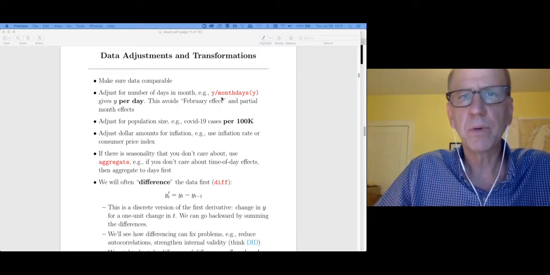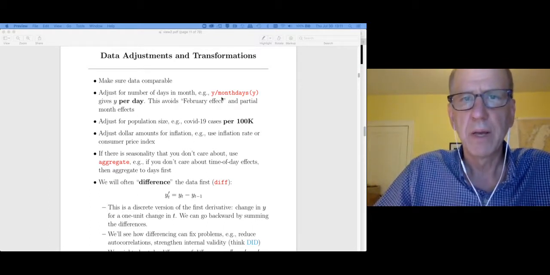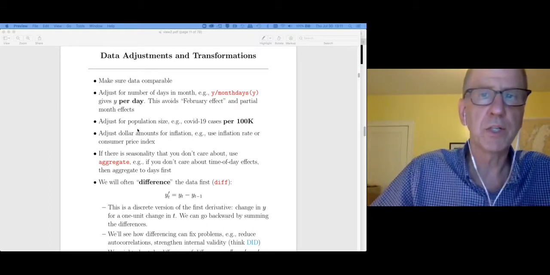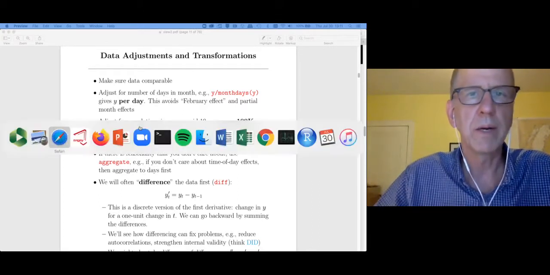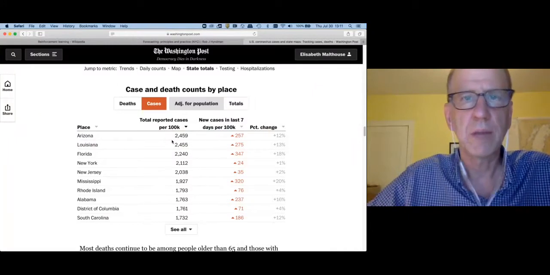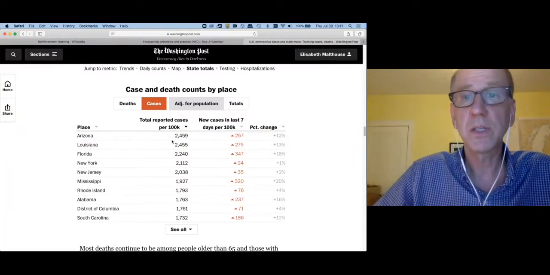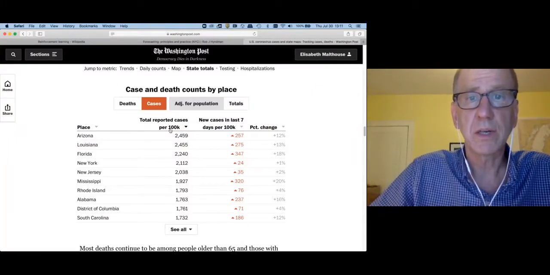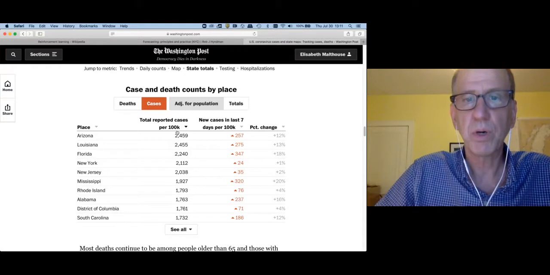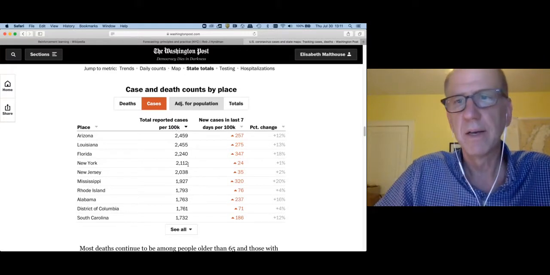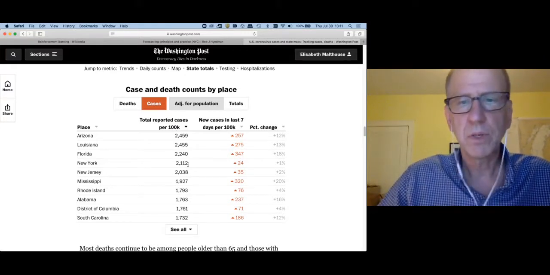Another way that we make data comparable is to adjust for population size. So I'm just going to take us over to the newspaper right now. And so this happens to be the Washington Post, and what you're going to see is everything is kind of normalized per 100,000. Okay, so Arizona has this number of cases per 100,000, and that kind of puts them on equal footing.